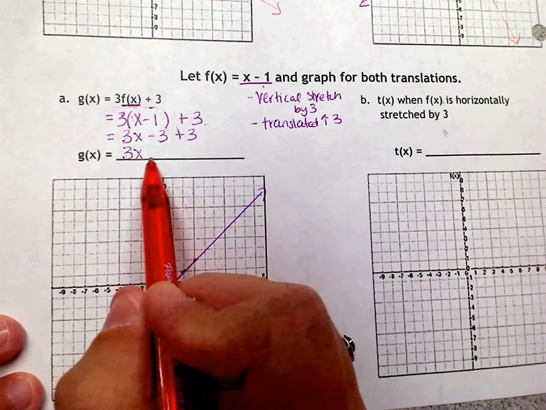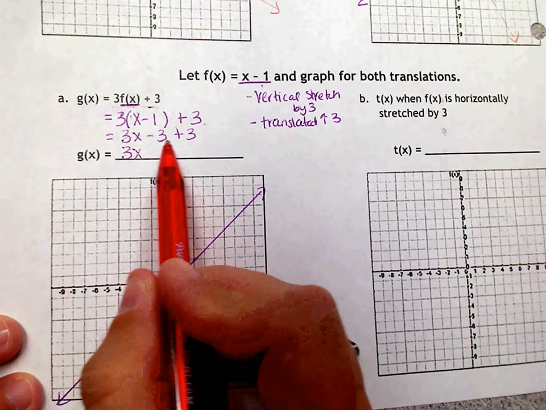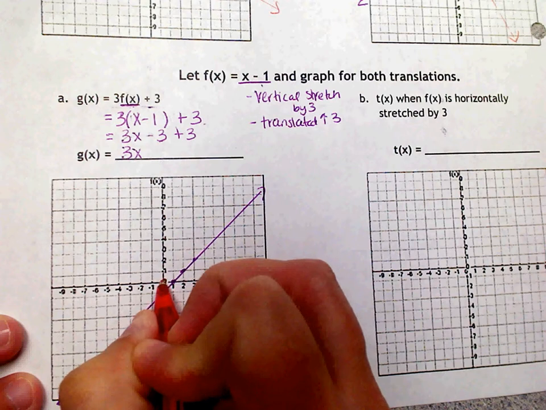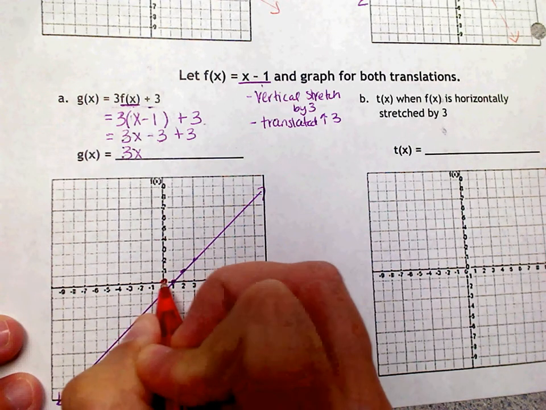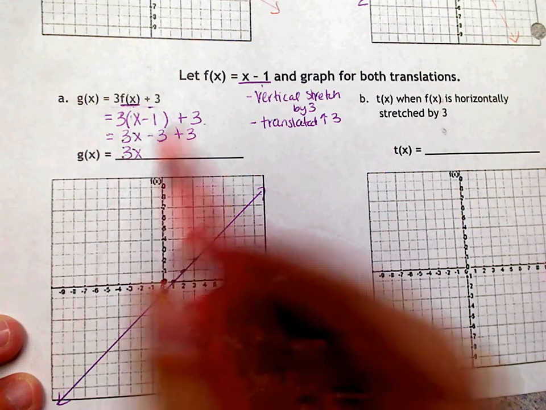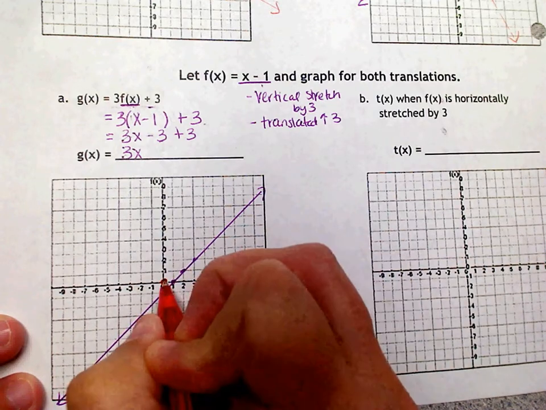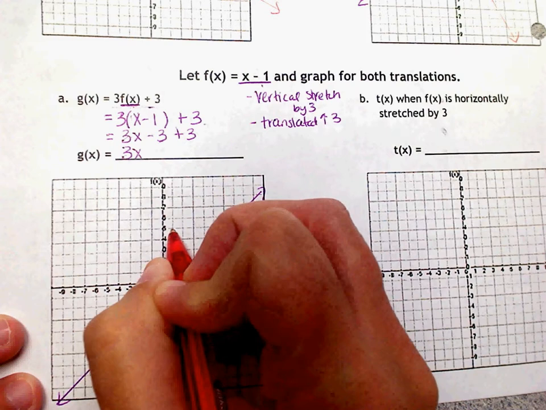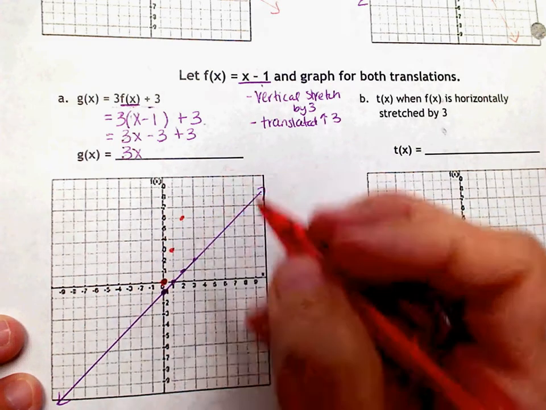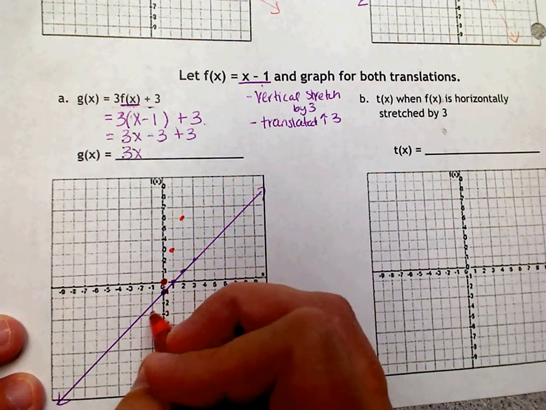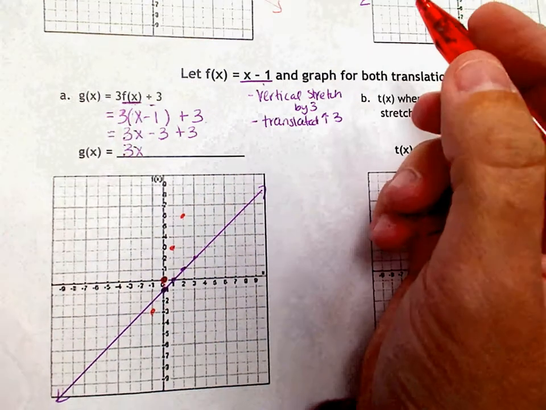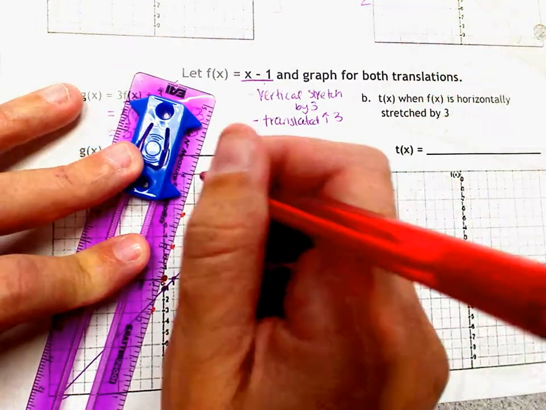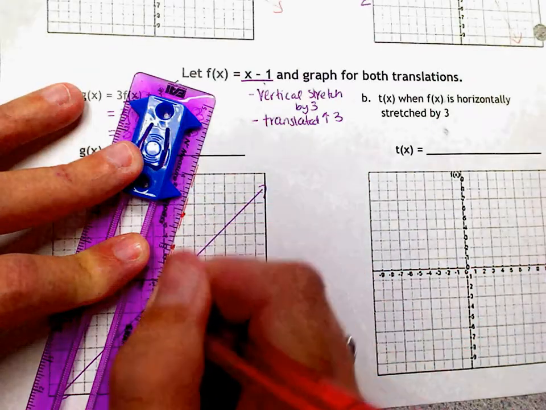Remember right here, what's this y-intercept? 0. So we start at 0. What is the slope of this line? 3. So we go up 3, 1, 2, 3, over 1. We go down 3, backwards 1. You just need enough points to make your line. I would at least do 3, and then make it dashed.